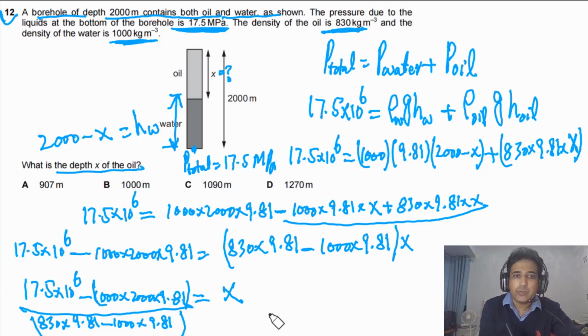If we solve, the value of x will be about 1270 meters. So this is how you can answer.